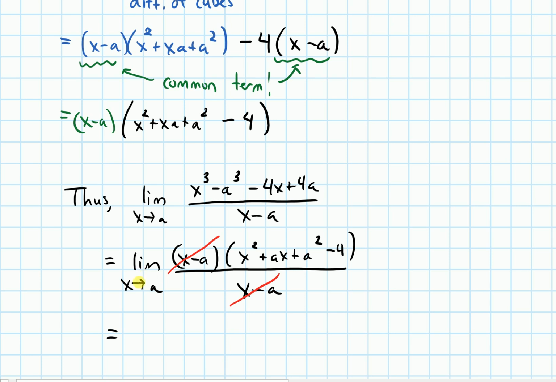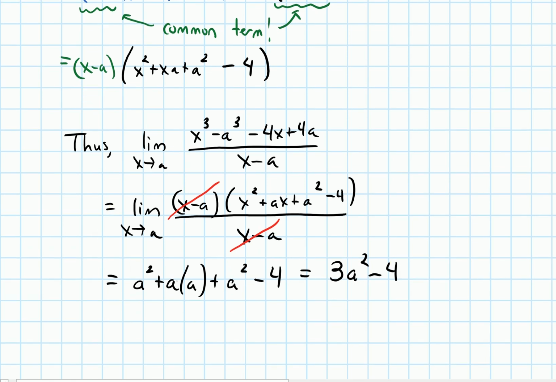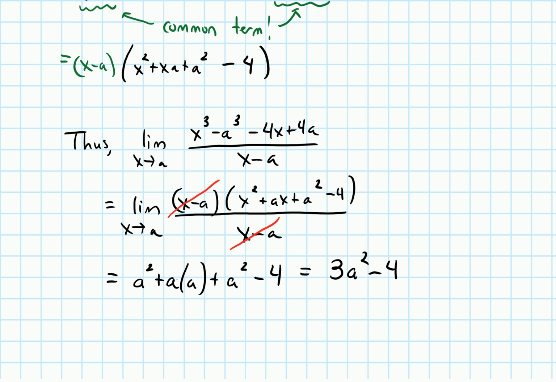Now, the problem that was there before when we tried to plug in a, that made the denominator 0, that's gone. So plugging in a for the x, we get a squared plus a times a plus a squared minus 4, which is 3a squared minus 4. And that is our derivative. But remember that originally in the problem, the variable was x.